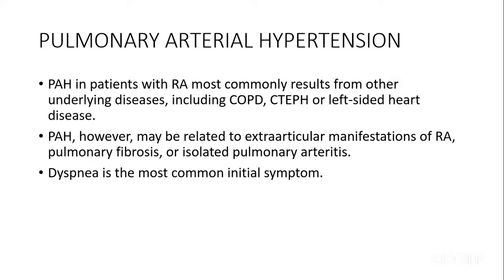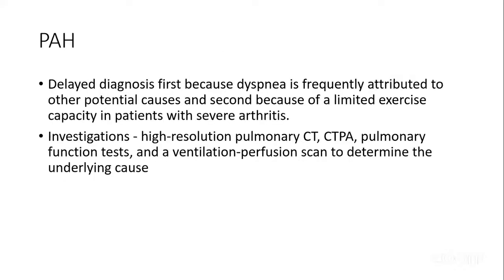But this may be difficult to identify early because, like I said, pulmonary arterial hypertension is commoner when there is coexisting lung disease or the patient has chronic thromboembolic pulmonary embolism. So that may make it difficult for us to find that out.